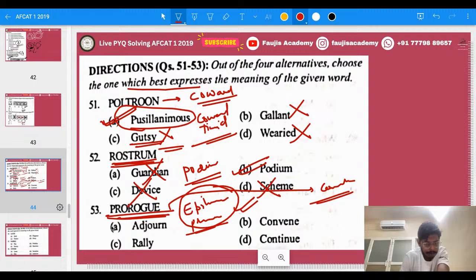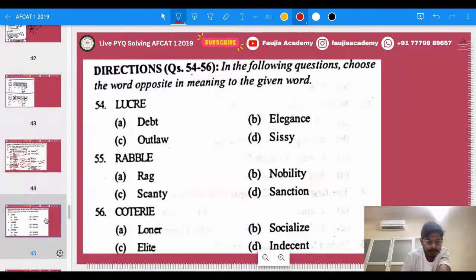So prologue is the conclusion. Conclusion means adjourn. Convene means to call a meeting. Continue is the opposite of that. Rally is also not the correct one.